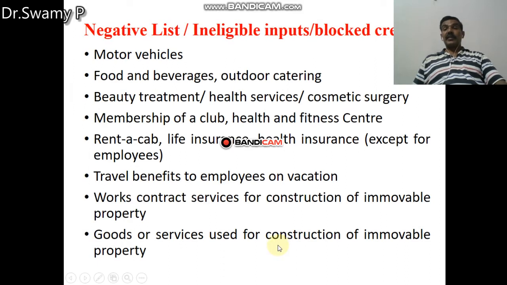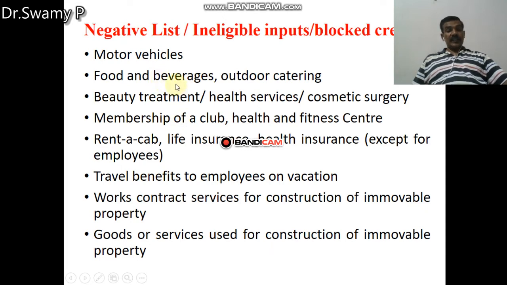Now another important point here is the negative list, the ineligible inputs or blocked credits. Let us have a brief discussion about these items. This means the items on which input tax credit is not eligible or not available. The first one is motor vehicles. On this item, input tax credit is blocked, or it is in the negative list.